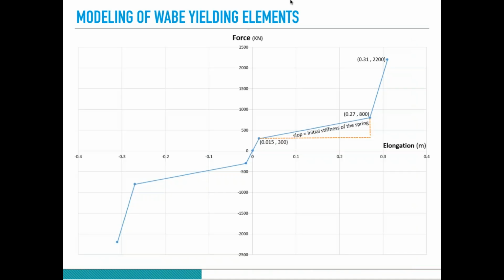Now we reach the point where I will show you how I model different parts of the tunnel, consisting of the shotcrete, yielding elements, rock mass, rock bolts, and so on. In DIANA, we have the opportunity to model the yielding elements. At least I figured out two ways I can model them.